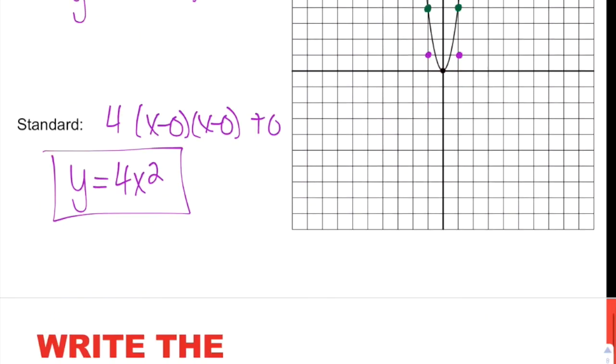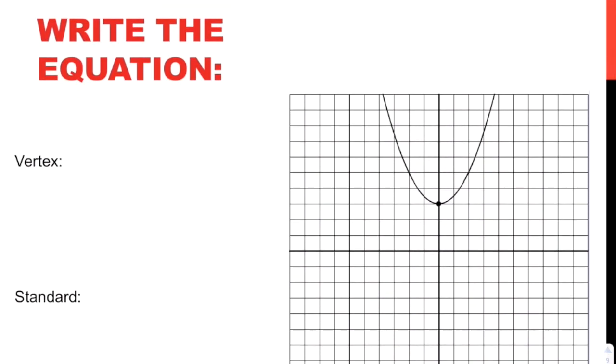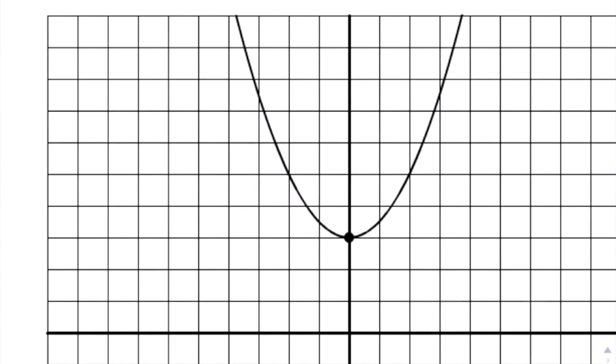Let's look at another one that's kind of similar. This graph has not moved right or left at all, but it has moved up 3. So I know that my vertex is x minus 0 squared plus 3. Now if you look carefully, I'm not going right 1 up 1, left 1 up 1 like normal.